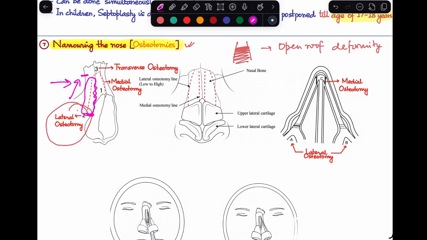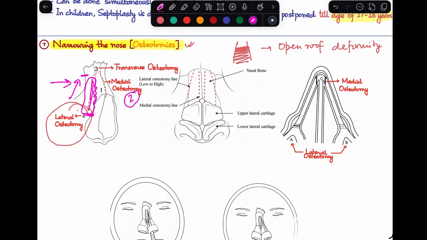So lateral osteotomy cut is this cut given along the side wall of the nasal bone, the purpose being to reduce the width of the nose in this region. Now, a general rule is that with every lateral osteotomy, since we are narrowing the nose, we end up narrowing the airway to some extent, definitely. And that is the first type of osteotomy.